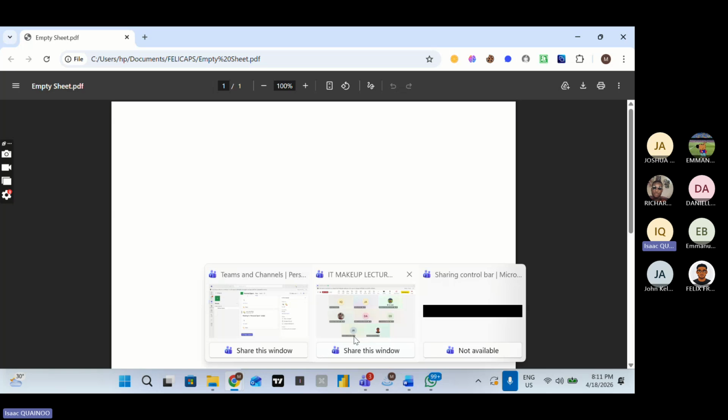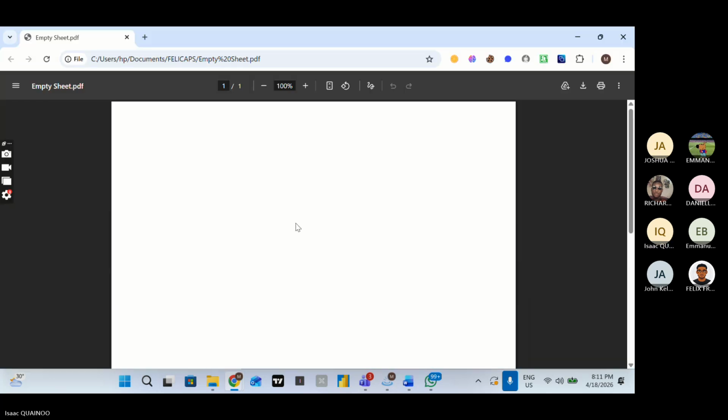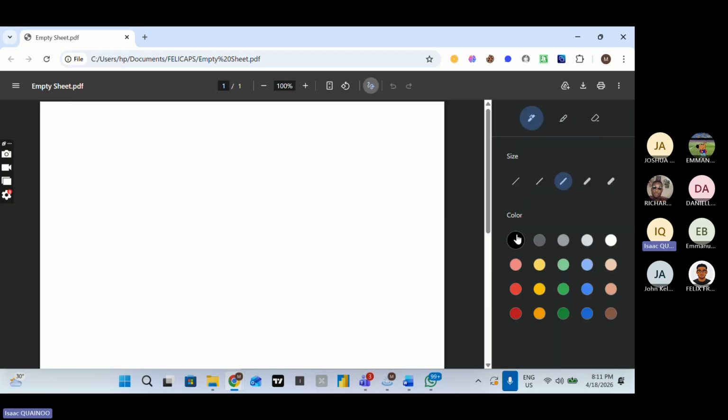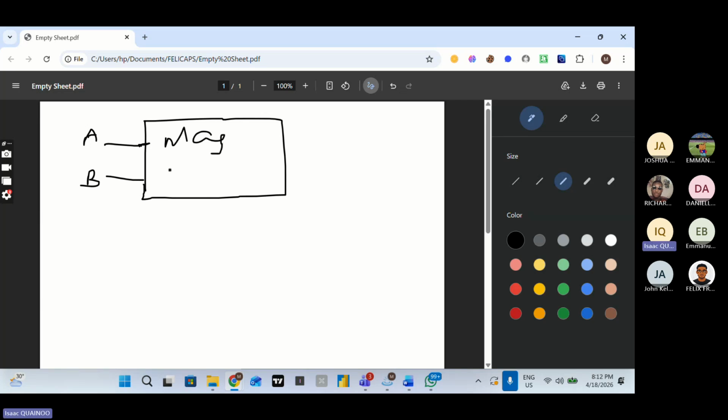So I believe we are okay. All right, let's move on to the block diagram. Based on all that we've said, we know that a comparator will take two inputs. So we have our A, we have our B. Let's call this magnitude comparator.